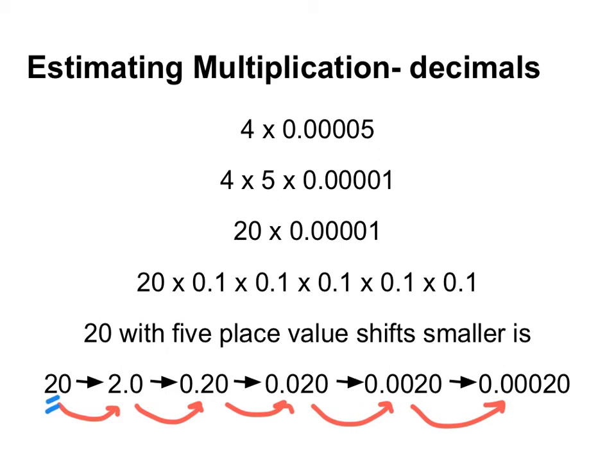It's going to shift to the ones, to the tenths, to the hundredths, to the thousandths, to the 10 thousandths place. So that 2 ends up in the 10 thousandths place. The 0 ends up one place smaller than that. So there's your 100 thousandths place. So 4 times 500 thousandths is 20 100 thousandths, or 2 10 thousandths.